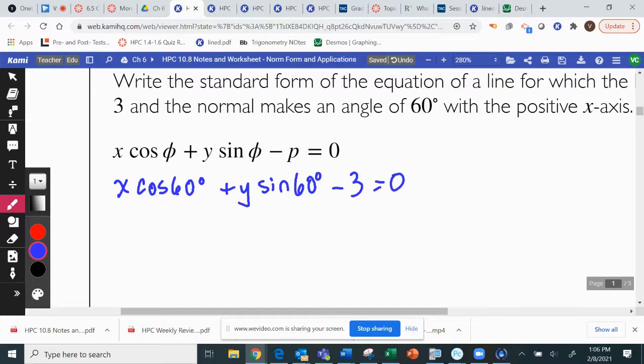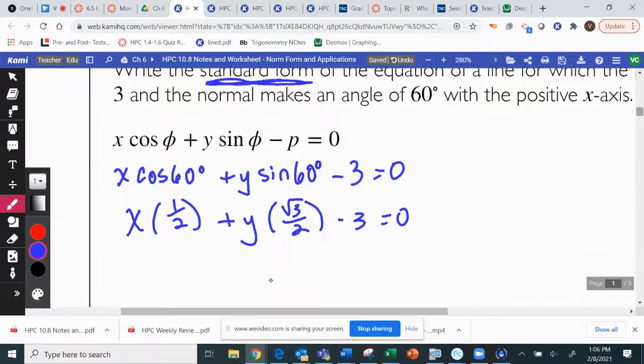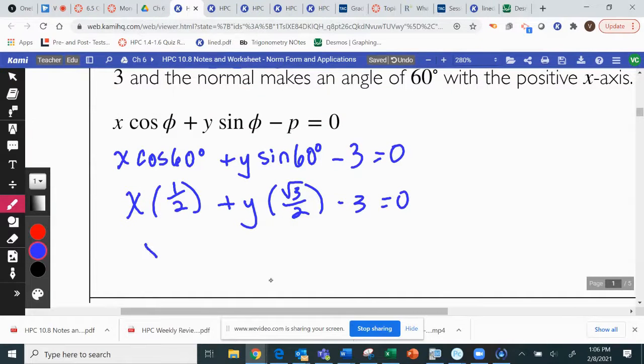What is the cosine of 60? 1/2, plus y times the sine of 60, radical 3/2. We are writing this in standard form. And here's a rule about standard form that maybe you do or do not remember.